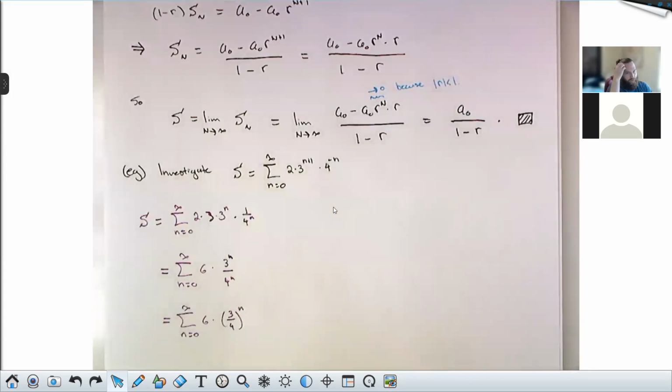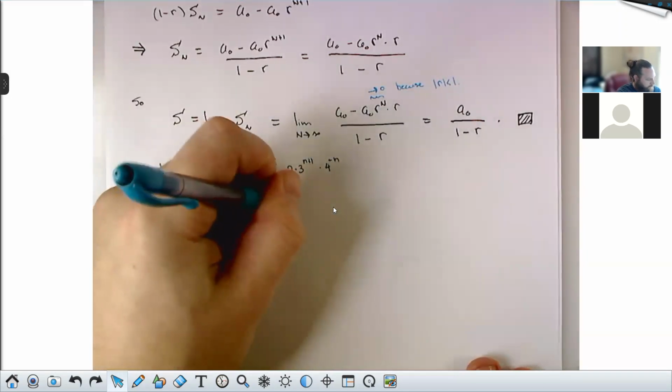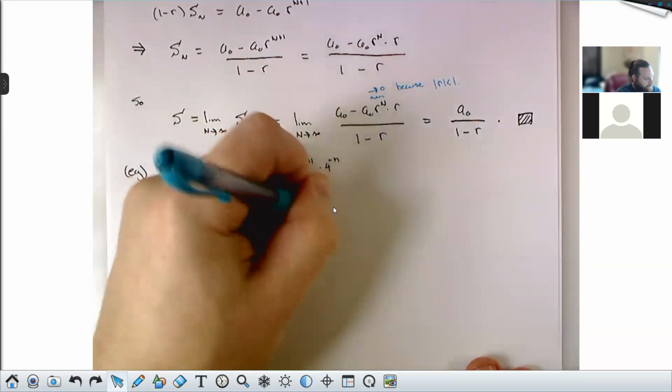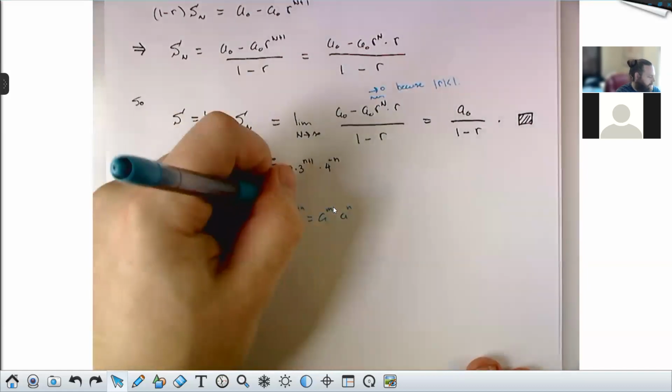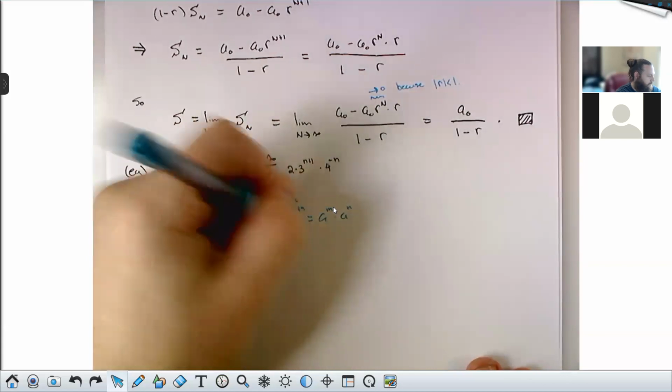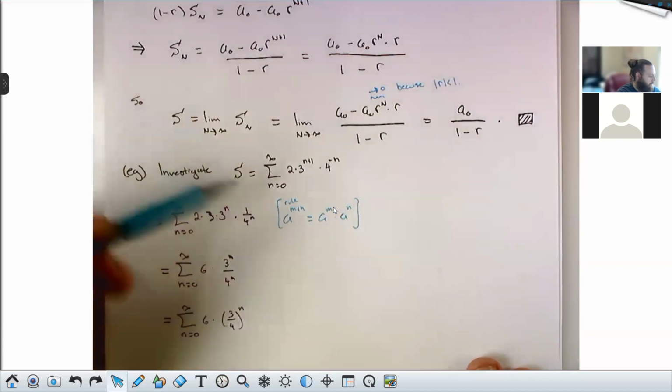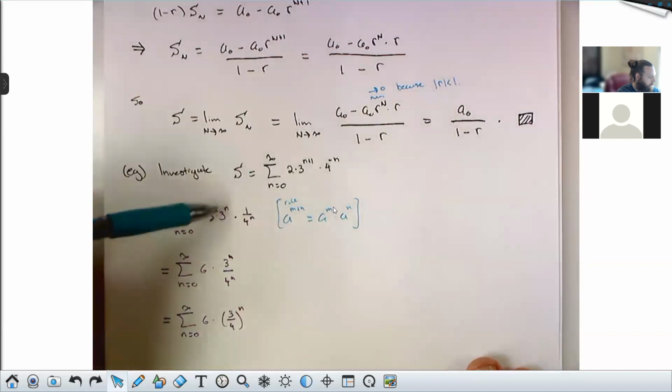I'll go ahead and annotate here with the algebra rules I'm using. This first move is just that a to the m plus n is the same as a to the m times a to the n. That allowed me to write 3 to the n plus 1 as 3 to the 1 times 3 to the n.